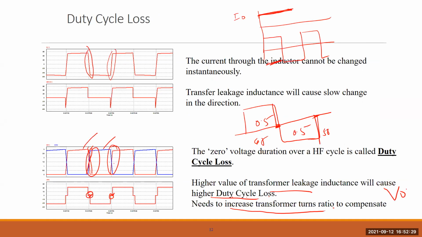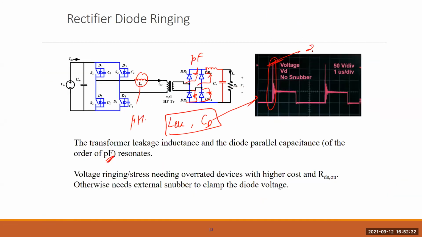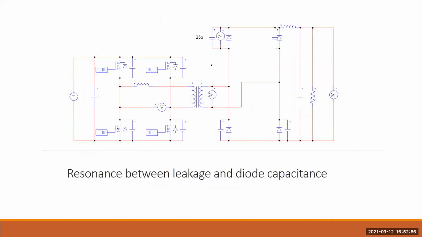The peak of the voltage ringing is 2 times N V in. So you need higher voltage rating diodes because of the inductive filter.